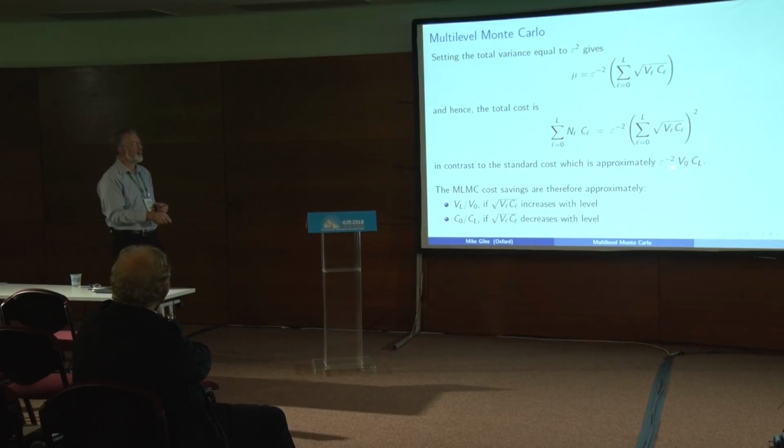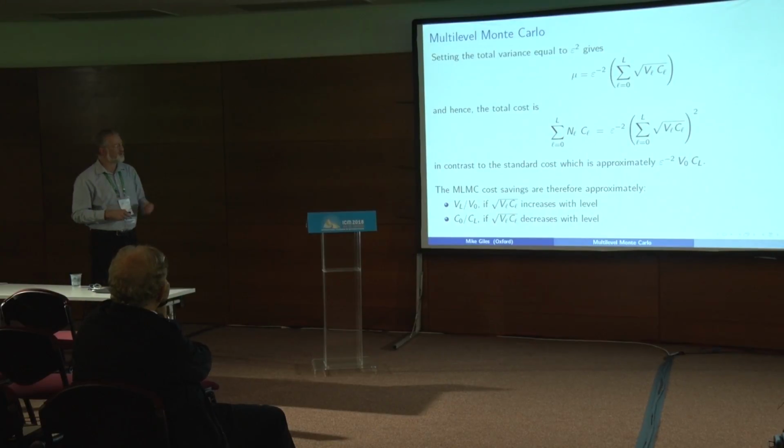And so roughly that will be the variance on the coarsest level. But because we're doing the simulation on the finest level, the cost will be C_L. So that's the cost of the standard Monte Carlo approximately. This is the cost of the multi-level. And so you can look at what the ratio is between the two.